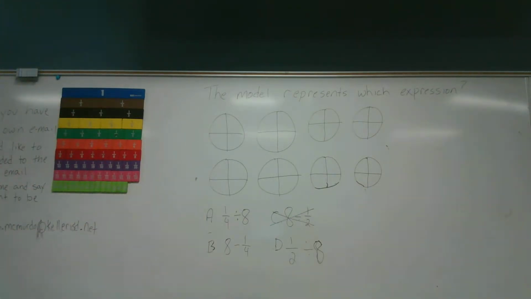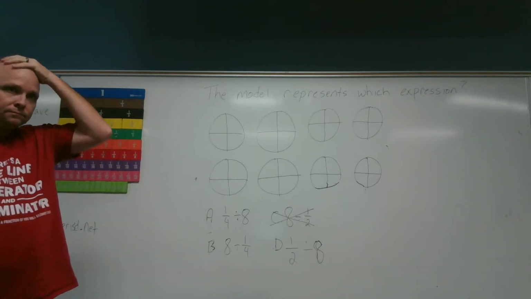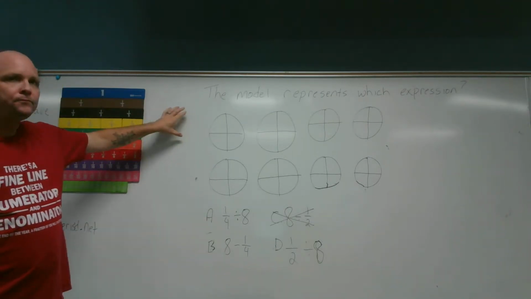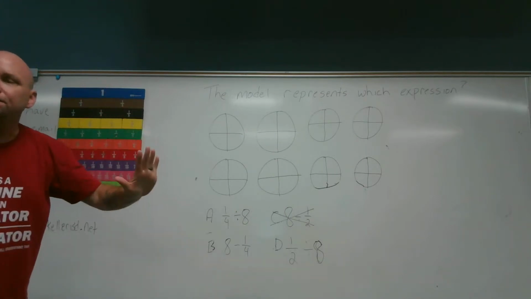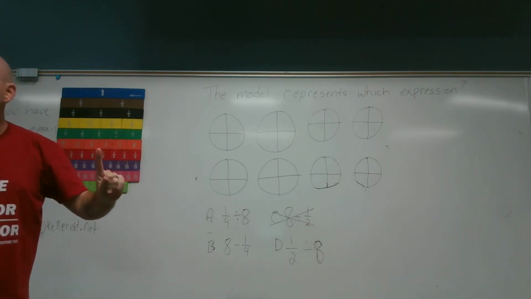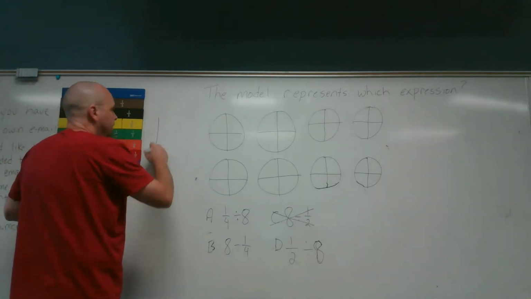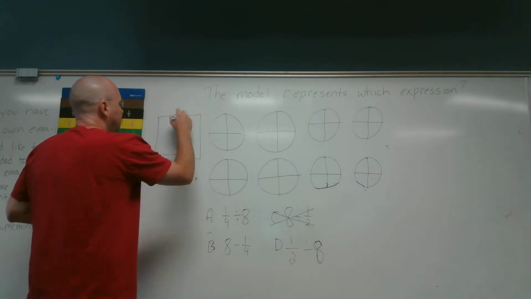You can eliminate A. A, why? Because you're not dividing 1/4 by 8. You're dividing something else. Okay. If we were dividing 1/4 by 8, we would only have one shape.